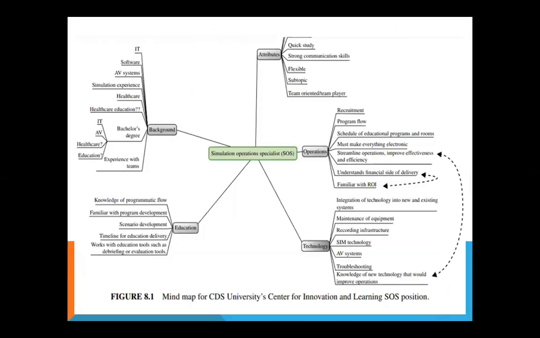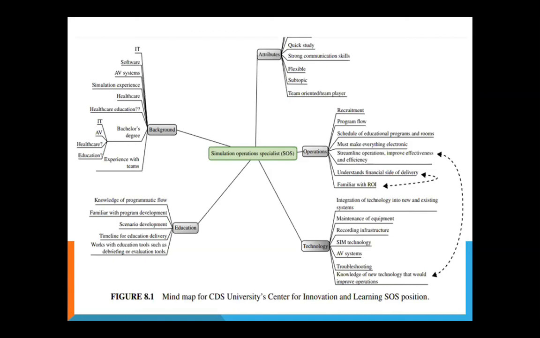You see here this slide is called a mind map. It will help you to be more understandable about what you are searching about your simulation operation team, about the skills that you need. For example, here they're talking about the operations: how to schedule educational programs and rooms, program flow, recruitment.